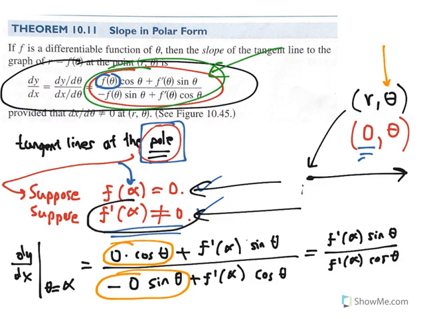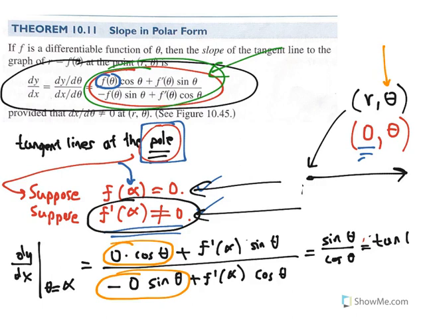And furthermore, because we're assuming that f prime of alpha is not equal to 0, and we have the same factor in the numerator and the denominator, we can cancel the non-zero common factors and get just sine of theta over cosine theta. So dy/dx would simplify to sine theta over cosine theta, or simply tangent of theta, when you have a point on your polar curve at the pole.